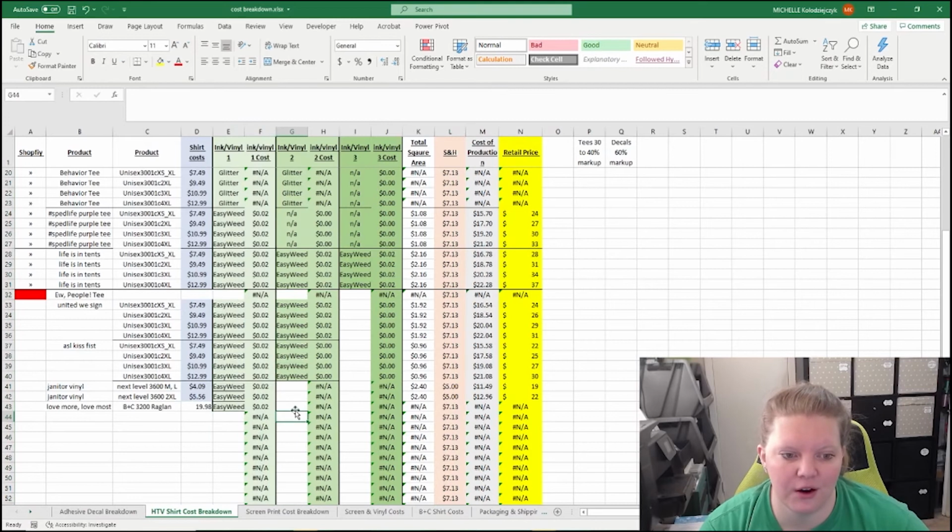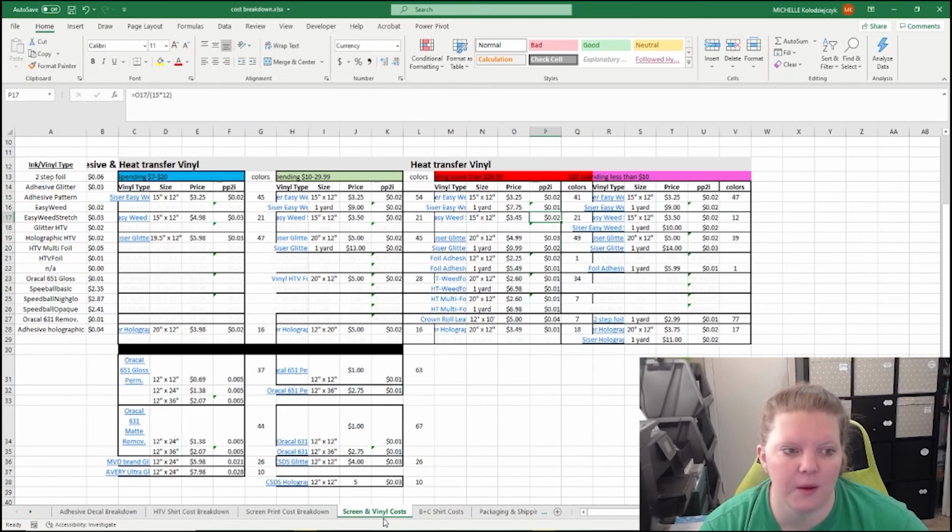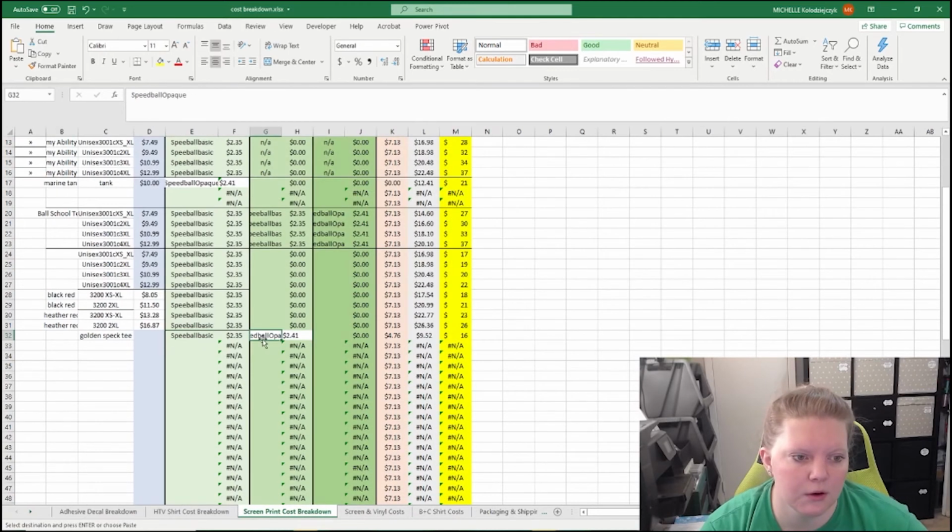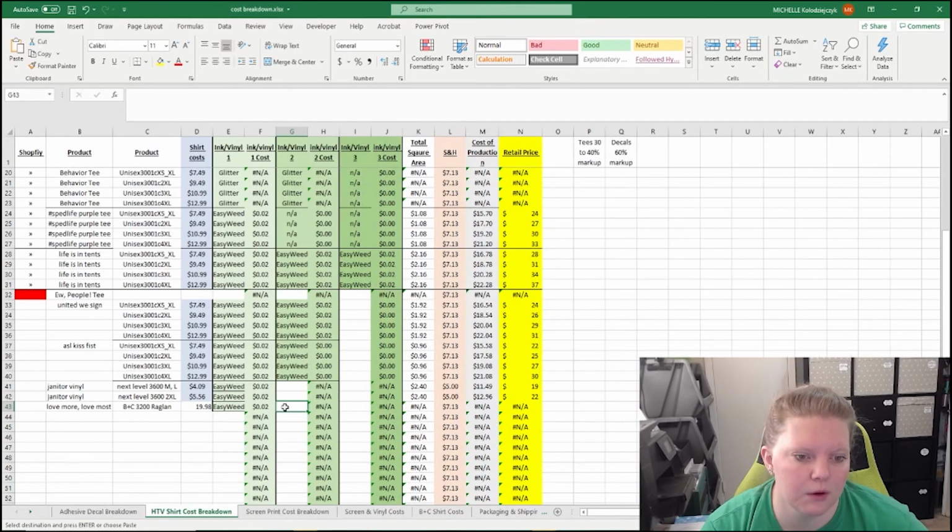Now, over here, I need to include that we have glitter vinyl. I want to make sure I include the right one. So adhesive glitter. No, glitter HTV. No, it has to be adhesive because adhesive is a little bit more expensive. So we're going to put that over here on this one.